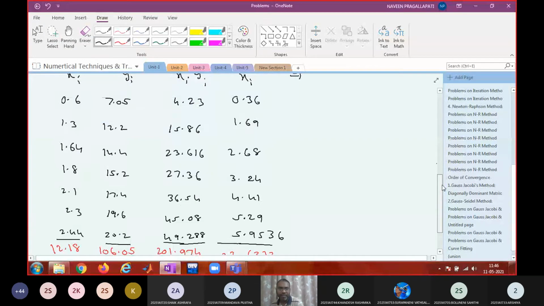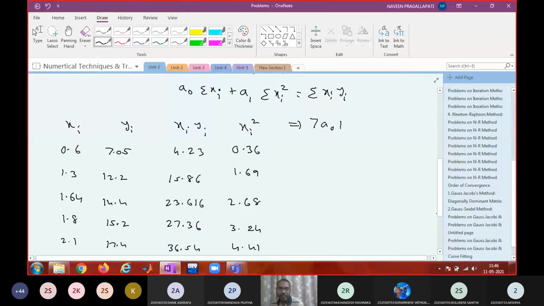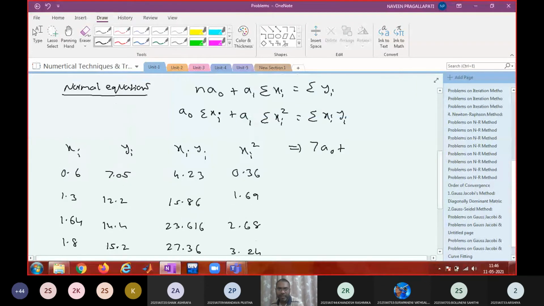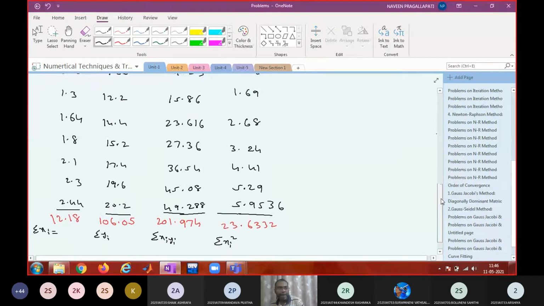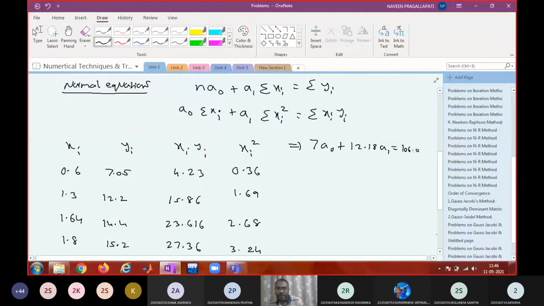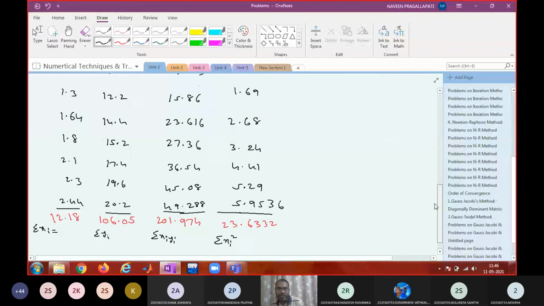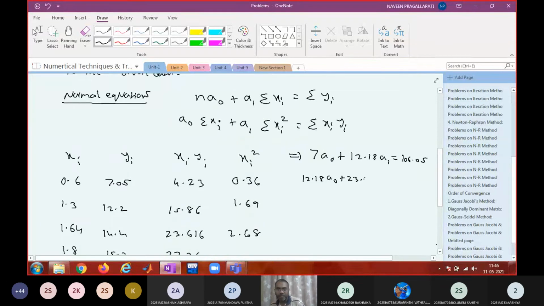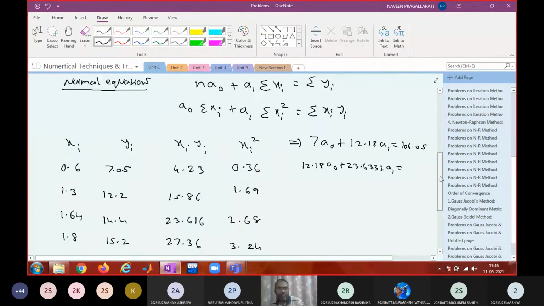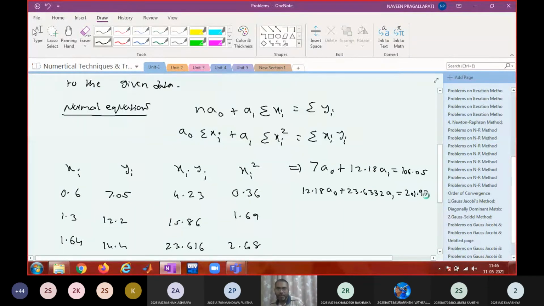Now use your calculator. Find out a0 and a1.